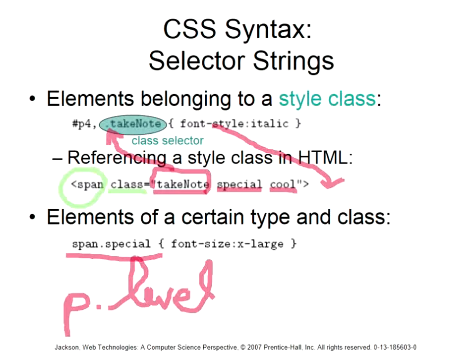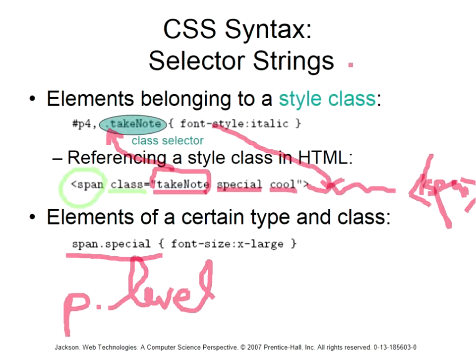Here when we write span class equal TakeNote special cool, that means this content belongs to the class TakeNote, the class special, and the class cool. So for this text, for example, the font style will be italic.